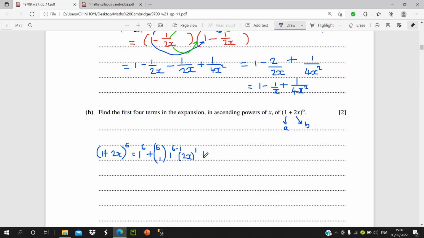Right, moving on to the third term, we are going to say it's 6 choose 2. Then our a, as you can see with this pattern, is going to take the power of the difference between the numbers in 6 choose 1, so a is going to take this difference of 6 and 1.